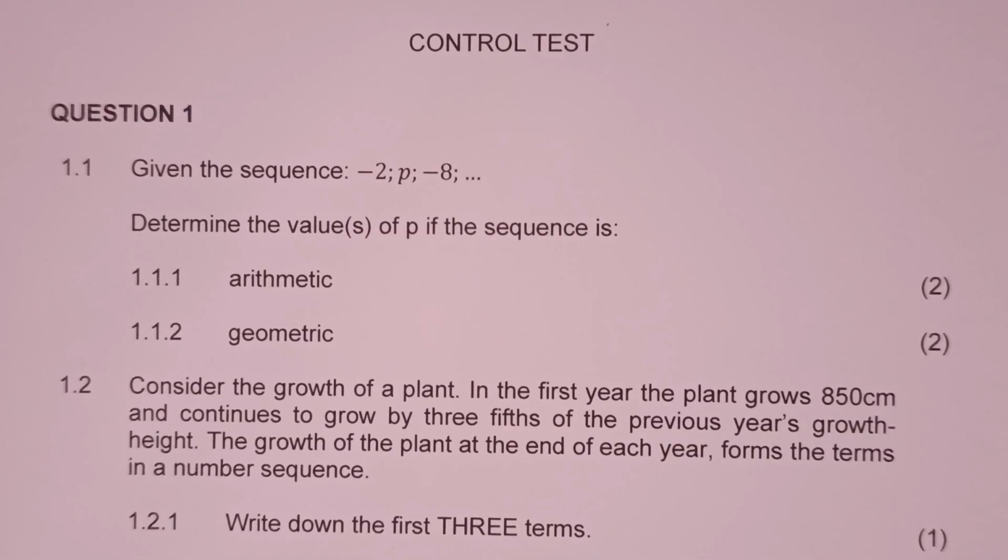Determine the value or values of p if the sequence is 1.1.1 arithmetic. Determine the values of p if the sequence is arithmetic. 1.1.2, we are still going to determine the value or values of p, but now if the sequence is geometric.